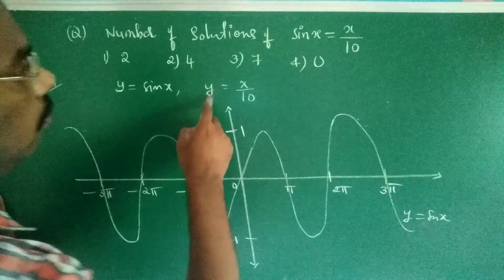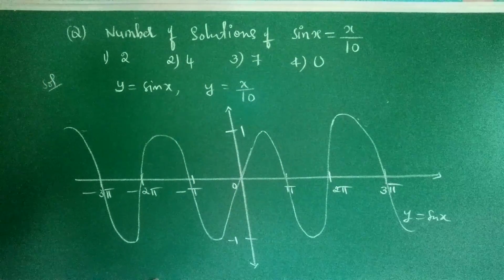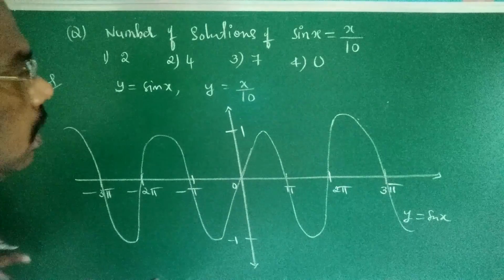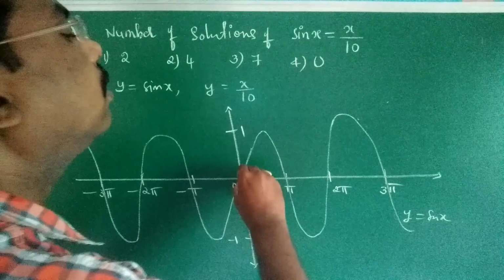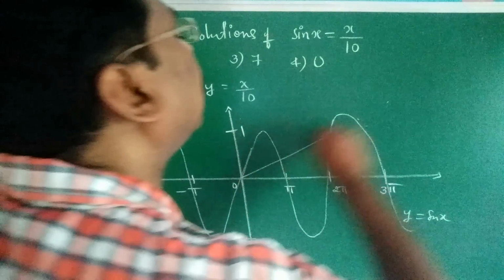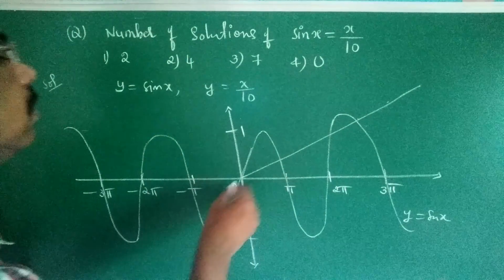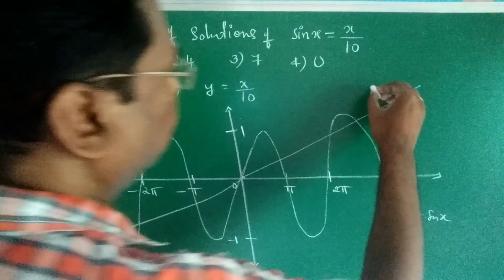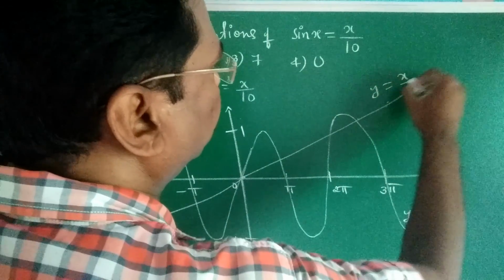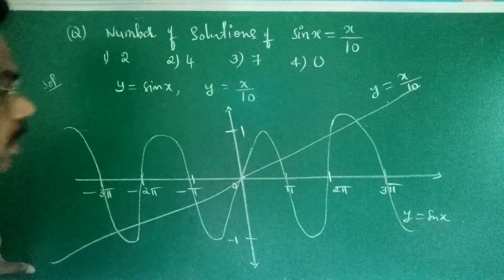Next one, y = x/10. Now 10y = x. That one is passing through the origin. This one, y = x/10, passes through the origin.